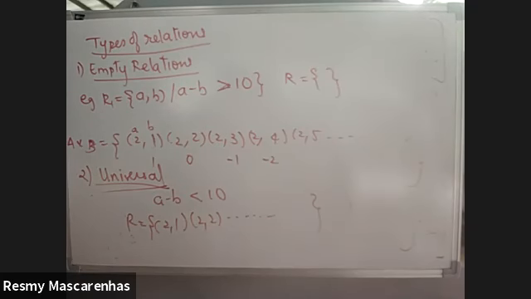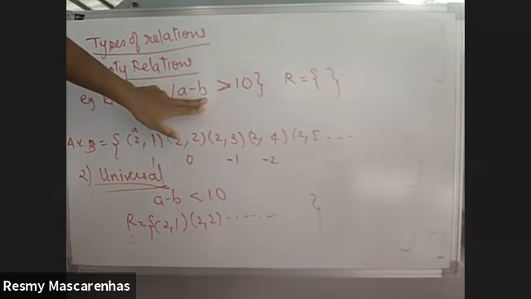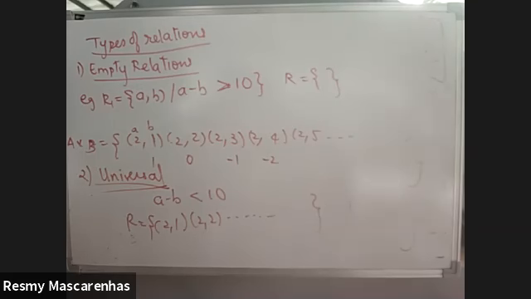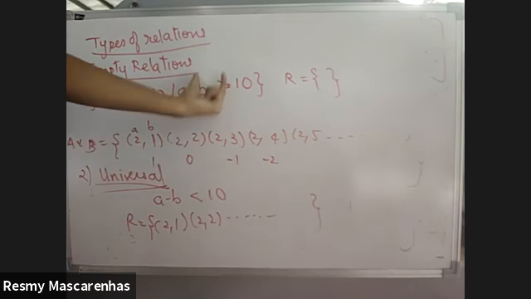Teacher, why is A minus B greater than 10 in empty relations? No, I just gave you an example. Consider if they asked you to find a relation. Like how we had found out, write those pairs where A is equal to B, correct? So you went to that Cartesian product, you wrote only those terms where it was satisfying that condition.